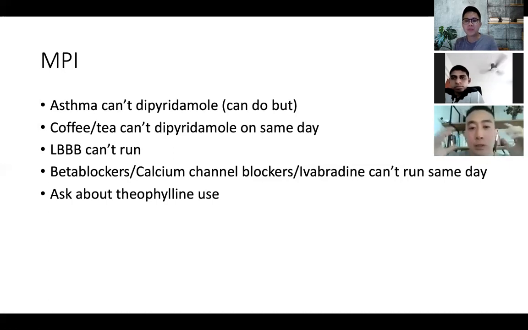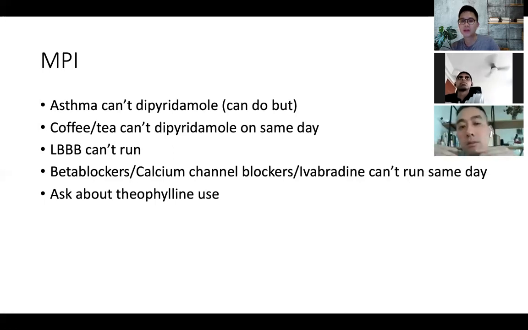A lot of times we do the rest to compare. If you have a defect on your stress and you don't have a defect on your rest, then you have ischemia. If you have a defect on your stress and also a defect on your rest, then that's infarcted. And obviously, if you have a normal stress, then there's nothing to compare to.